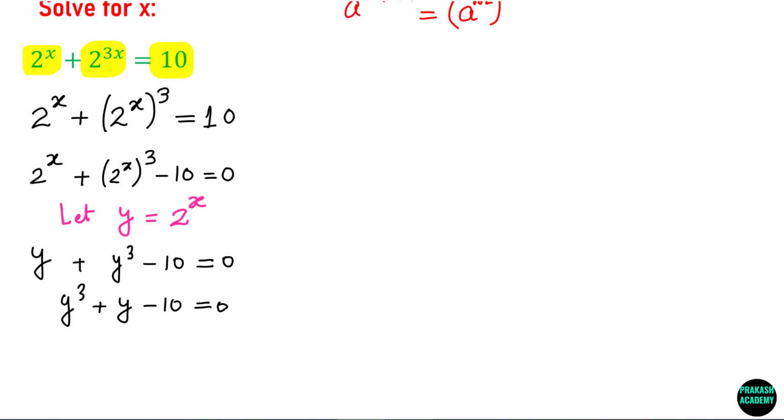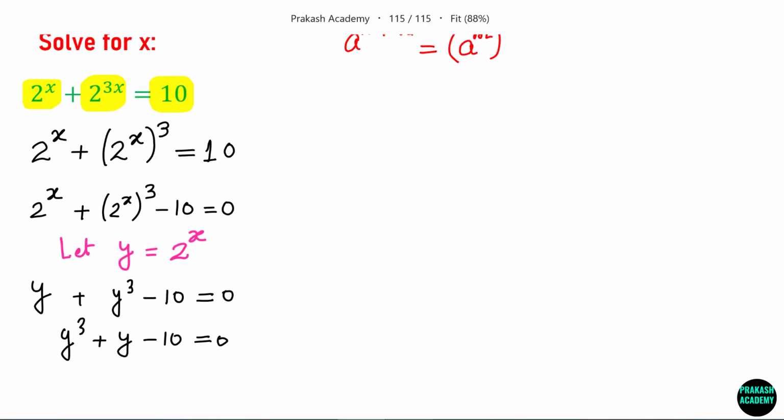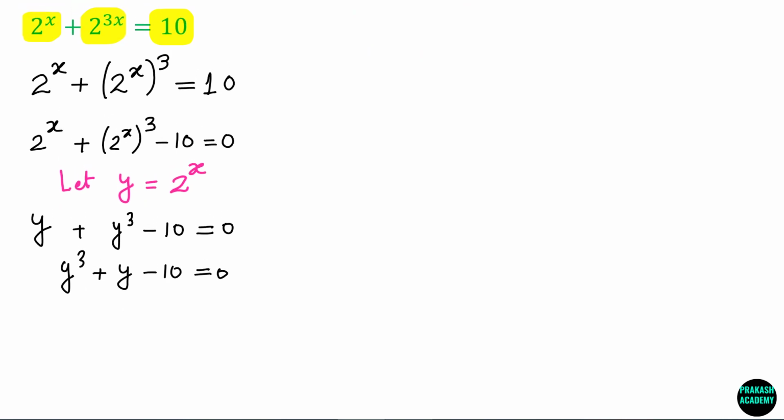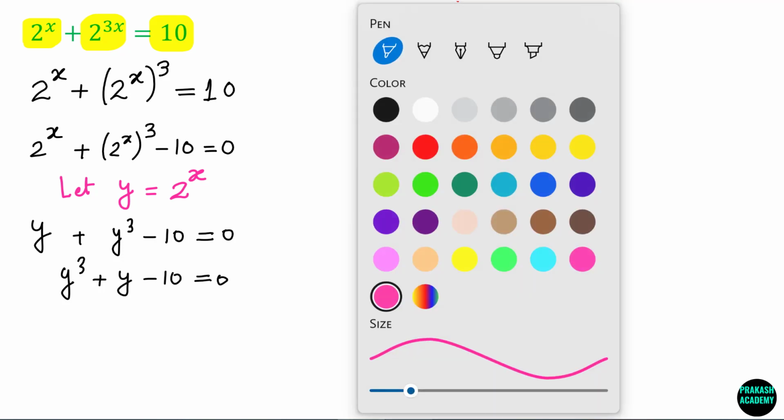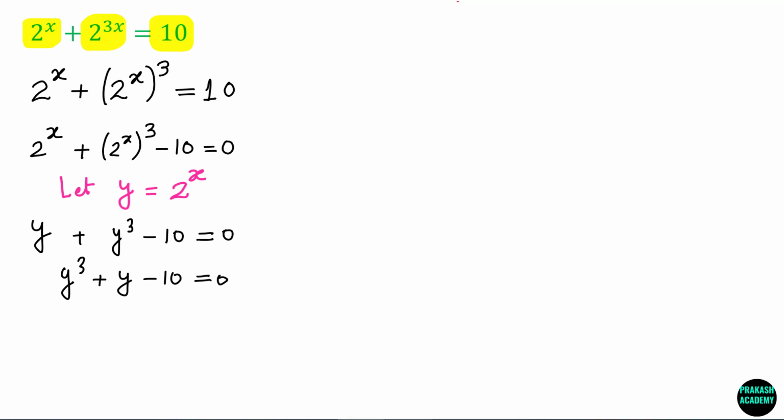Generally in case of a cubic equation, you have to find one root using hit and trial method, or you can use some kind of guess. So let us say in this case, I try to make a guess. If I use y is equal to 2, what happens?